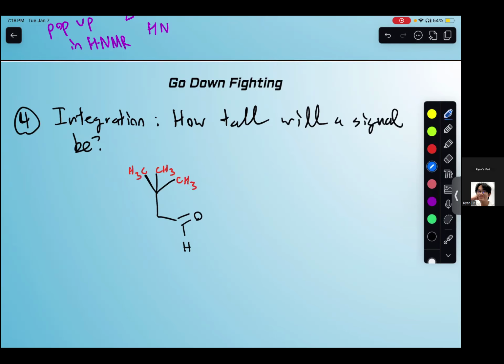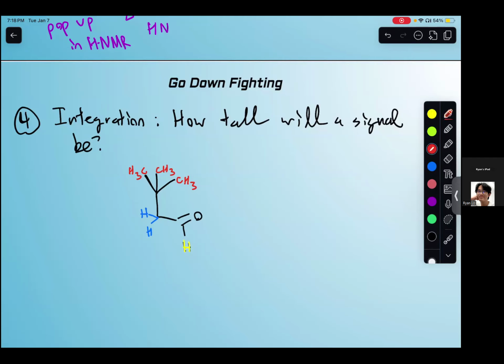Those guys are one signal. These guys are one signal, and then this little aldehyde H is one signal too.